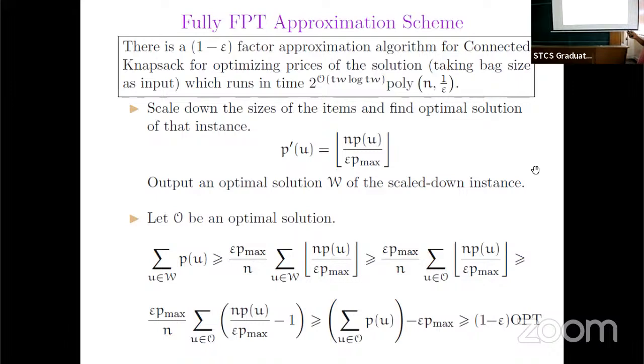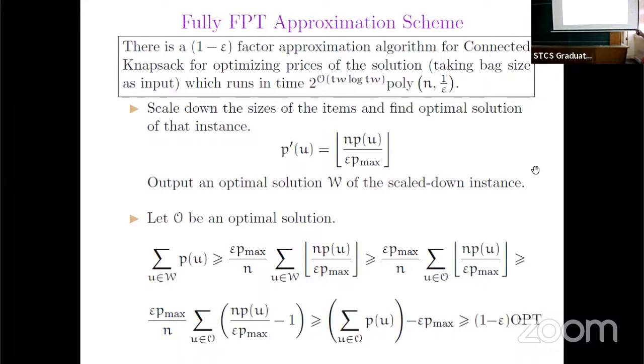Let O be an optimal solution. W is the set of items that the algorithm outputs. This is their sum of prices. This is greater than or equal to this. Basically, if you take floor and multiply, you lose something. And because for the scaled down instance, W is an optimal solution, if I replace W by O, this summation can only drop.